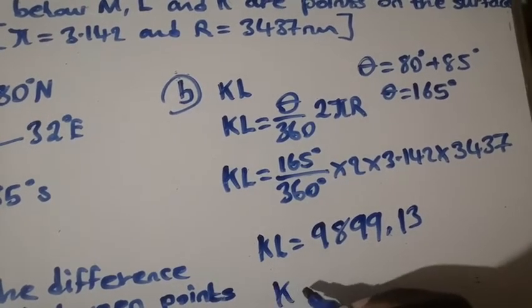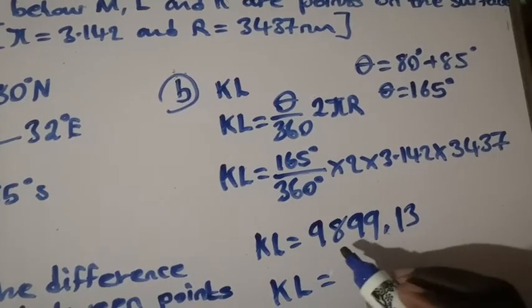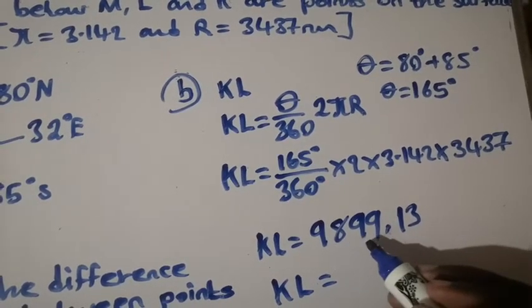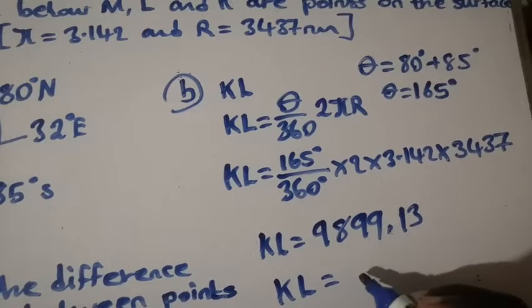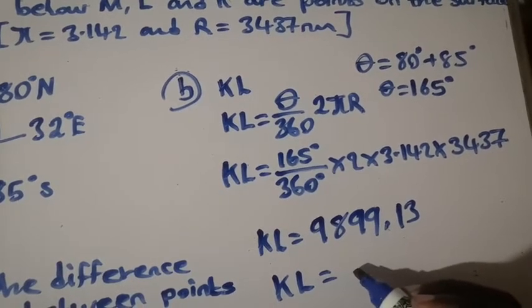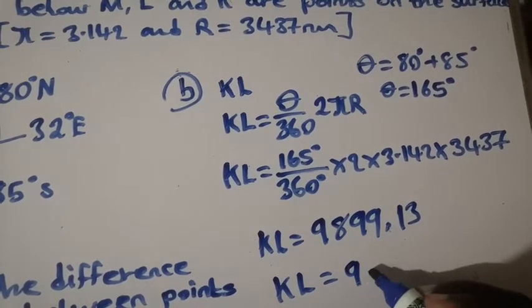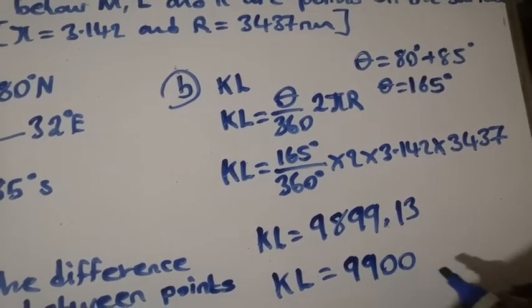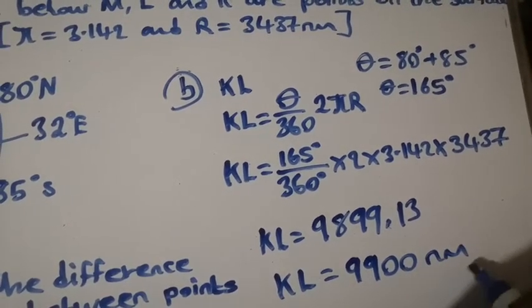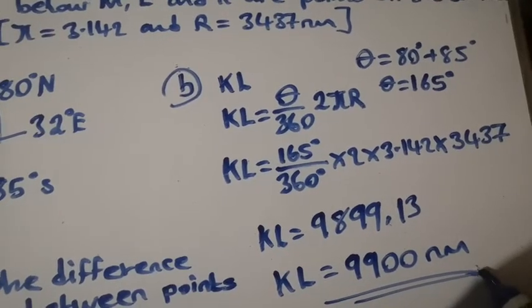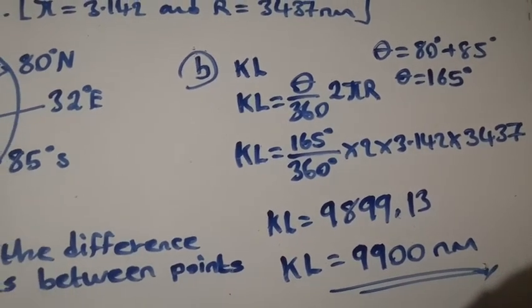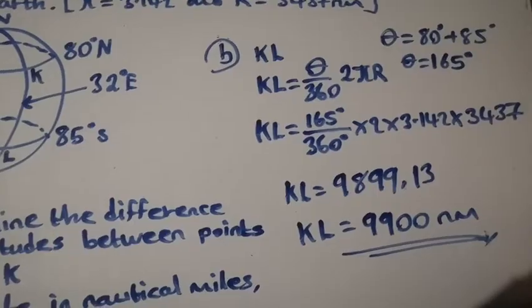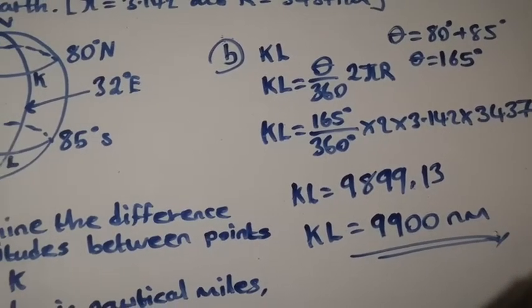We are going to round off this figure to 3 significant figures, which is going to be 9,900 nautical miles. So we are done with all the questions.